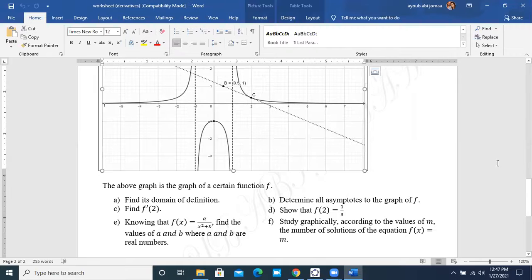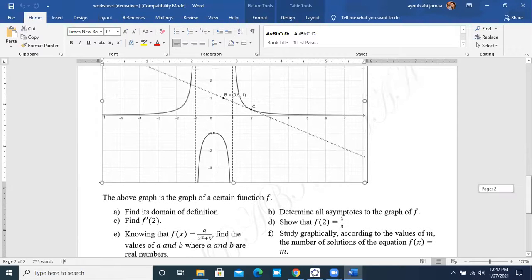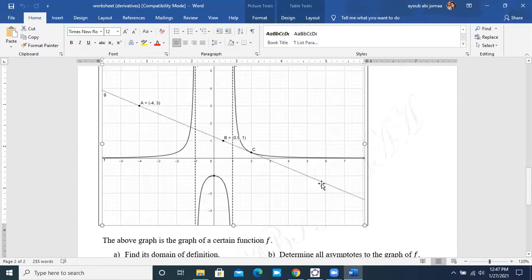One more thing. I was making a remark yesterday. This line is not an oblique asymptote. Not every dotted line is an asymptote. We draw the line dotted to differentiate between the curve and the line, but not every dotted line is an asymptote. No, this line is not an asymptote, and the line AB is not an asymptote.